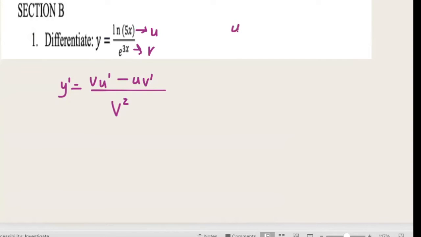So u prime will be 5 over 5x because you differentiate the inside to get 5 and you rewrite the denominator, which I can simplify further to 1 over x because 5 into itself goes 1 time. For v prime, you differentiate e to the 3x, you get 3e to the 3x.